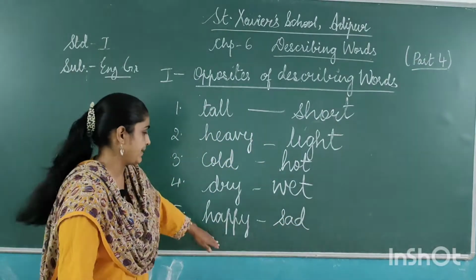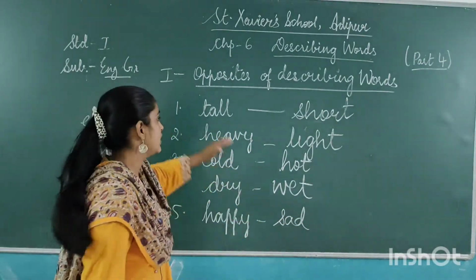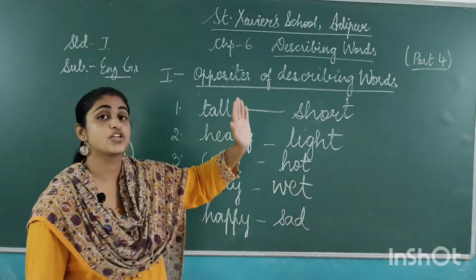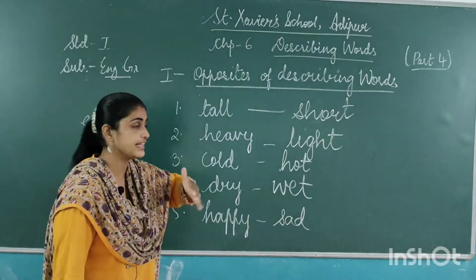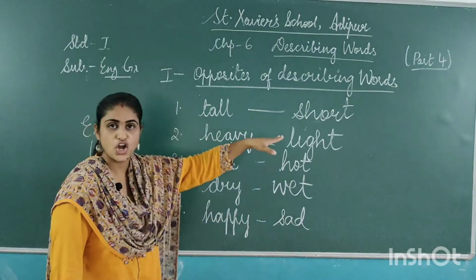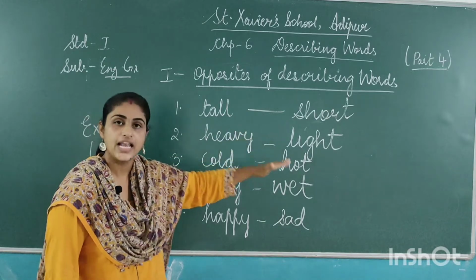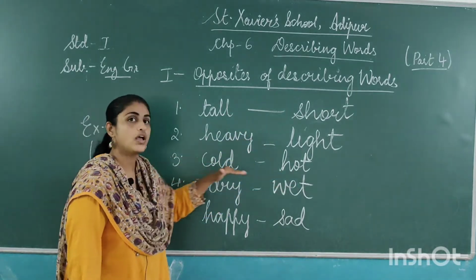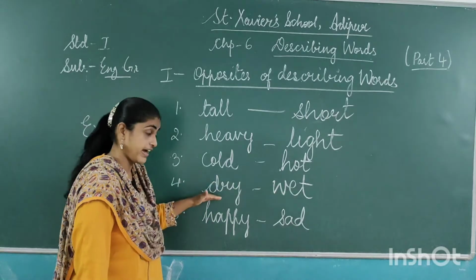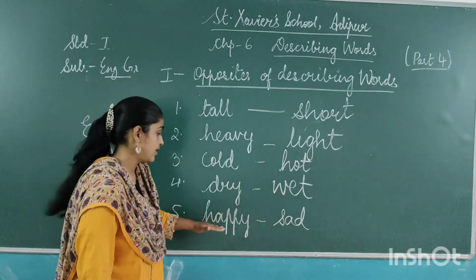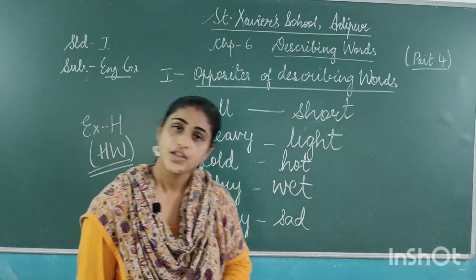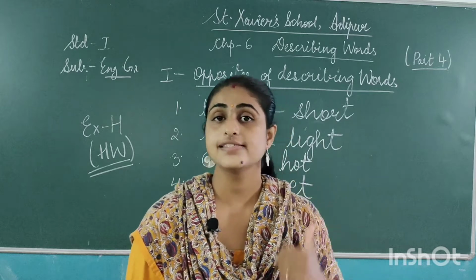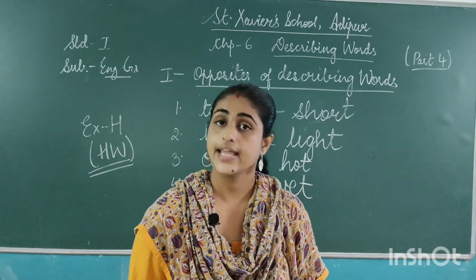Understood? So here we have learnt about the opposites of describing words. What are they? Tall, short. Heavy, light. Cold, hot. Dry, wet. Happy, sad. Understood? You are going to write this in your English grammar textbook.